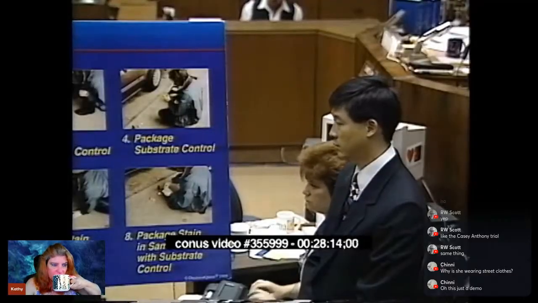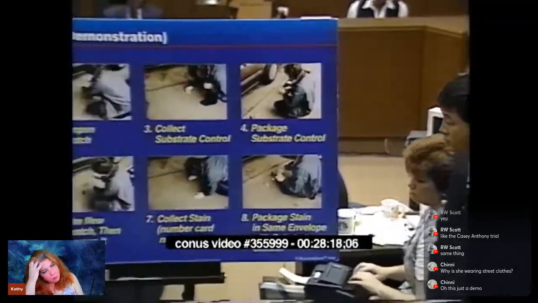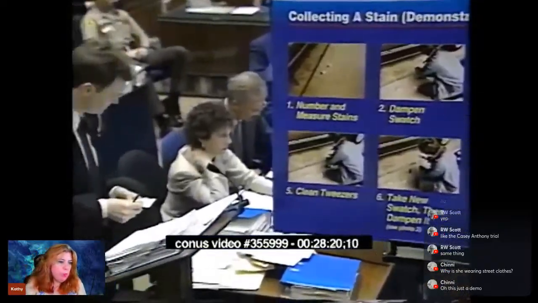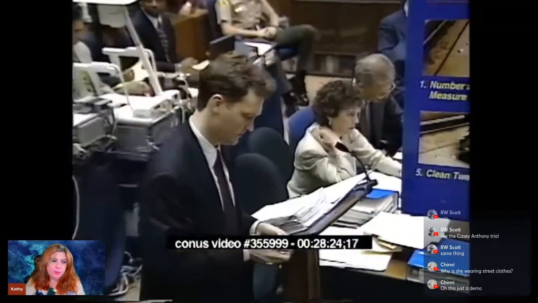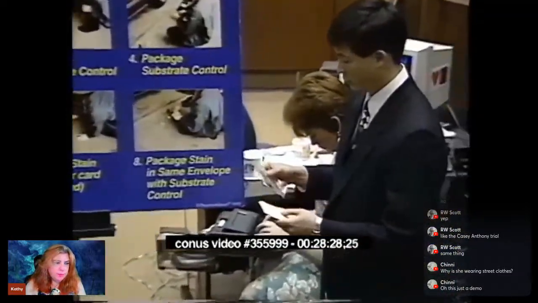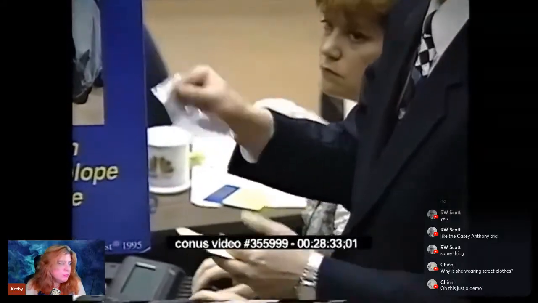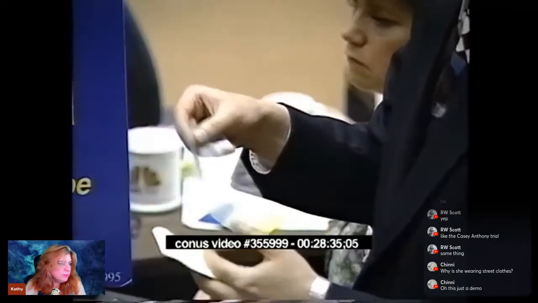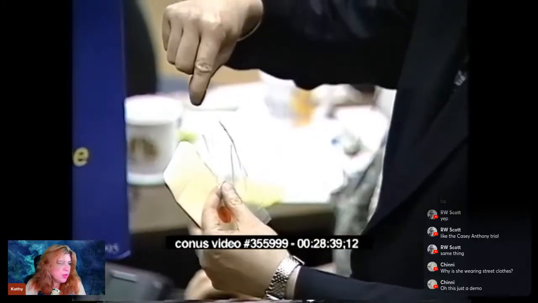Sir, I'd like to show you a plastic baggie that I've just removed from People's 163E for identification. Do you recognize that particular type of material? Yes, I do. What's that? This is the type of bag that we use to place the cloth swatch in once it has been applied.